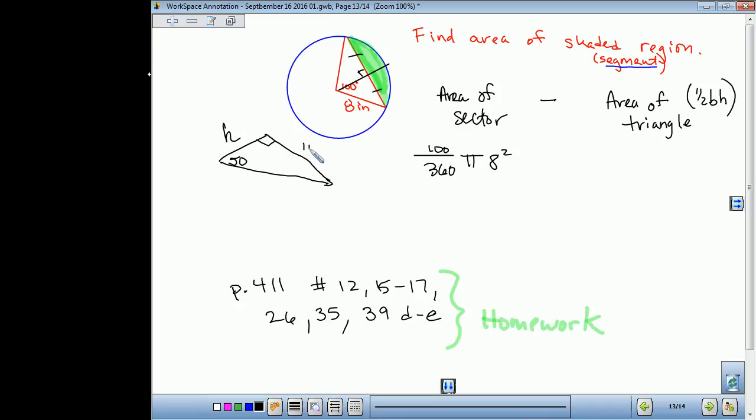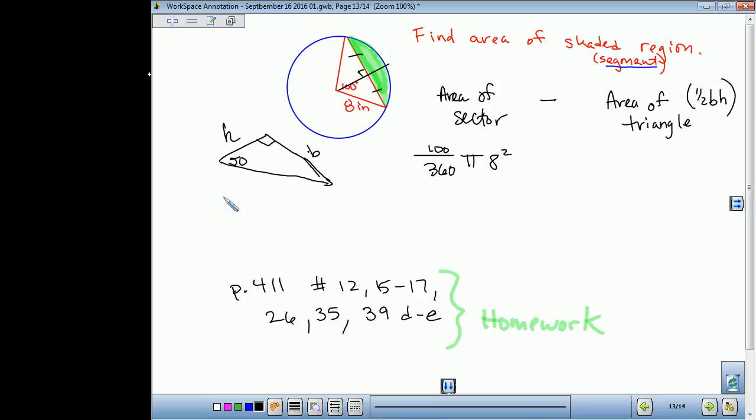And this section right here ends up being half the base. I'm just going to call this b right now, but we know we're going to have to double it to actually get the full base of the full triangle, right?